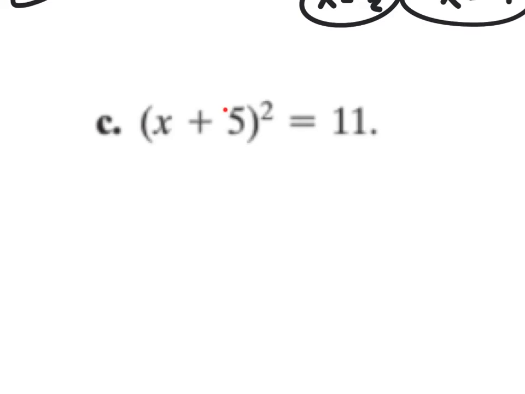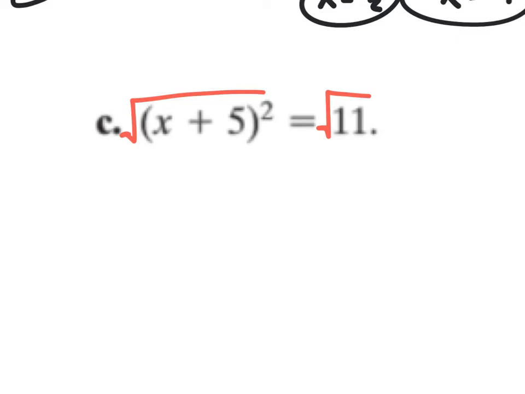Because I have some quantity squared here, okay? And what's nice about this is that my first step here is automatically I'm going to take the square root of both sides. Because when I'm taking a quantity squared, the opposite of taking something squared is to take the square root.